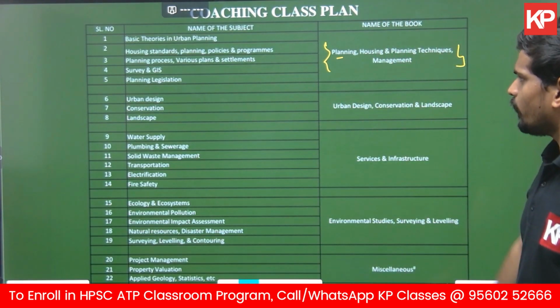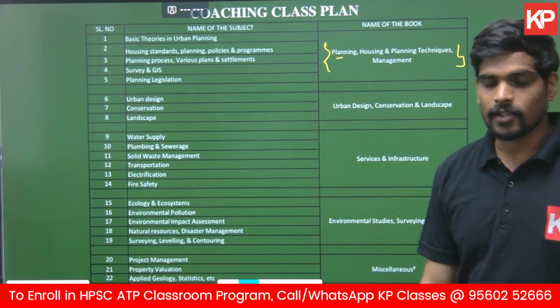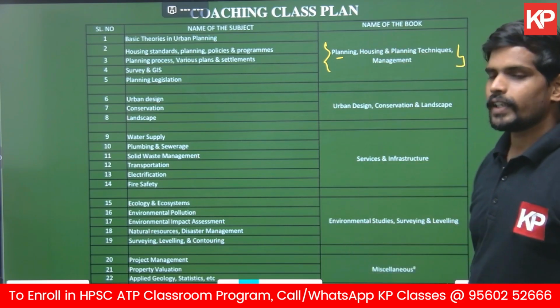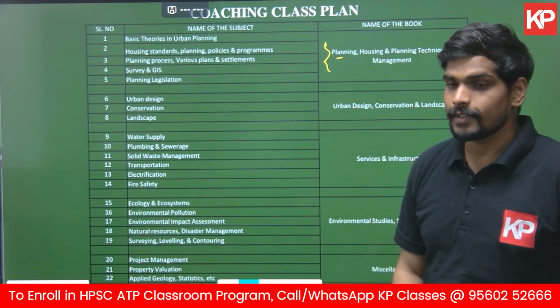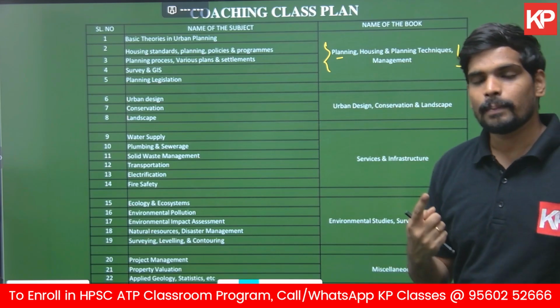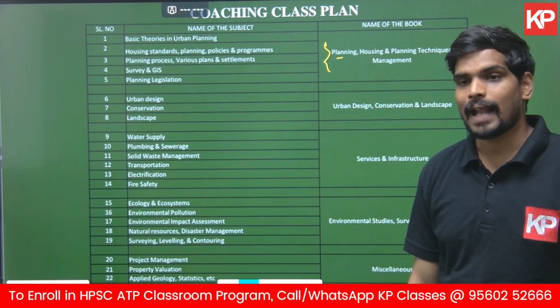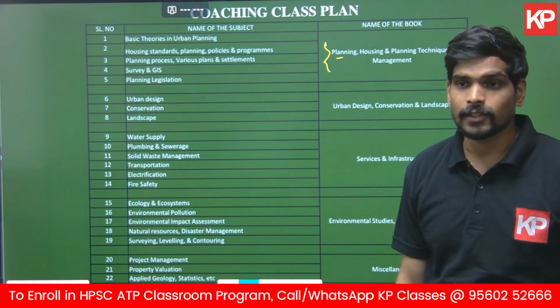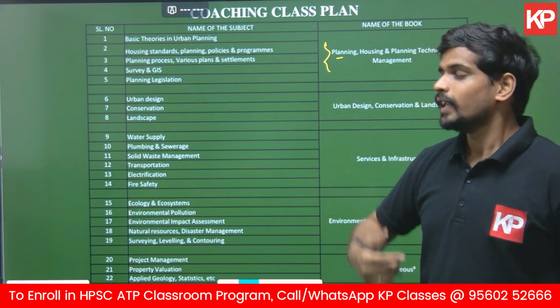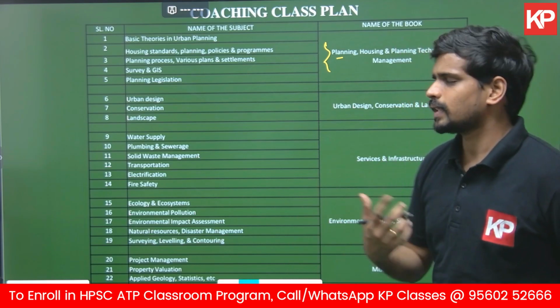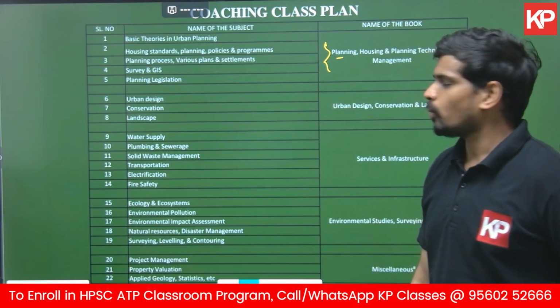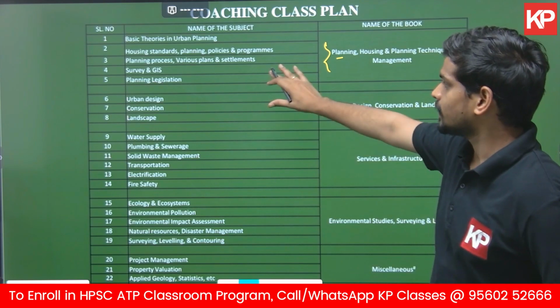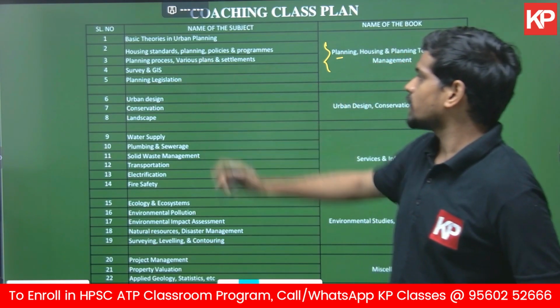If I take you through the broad categorization of the topics, the books you are going to get under this course include book number 1, which covers Planning, Housing and Planning Technique Management, with the basic theories of urban planning like neighborhood theory, whatever is a part of the syllabus and is important, housing standards, policies and housing programs by various governments, planning process and various plans.